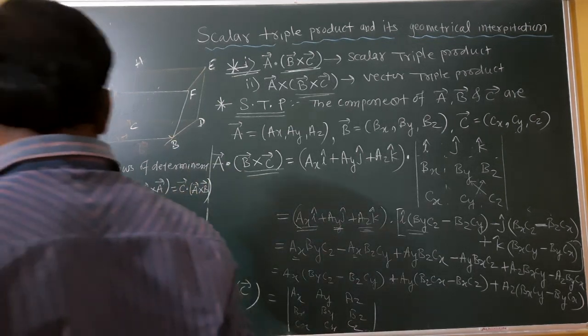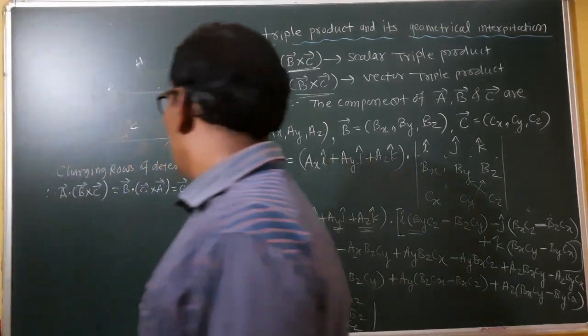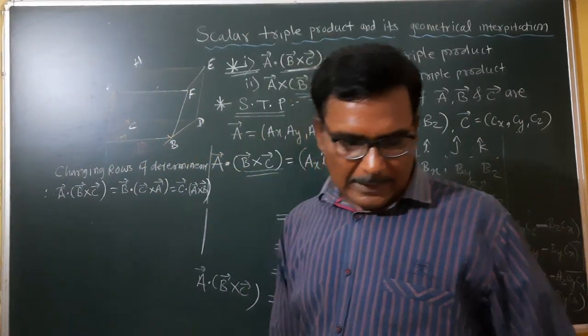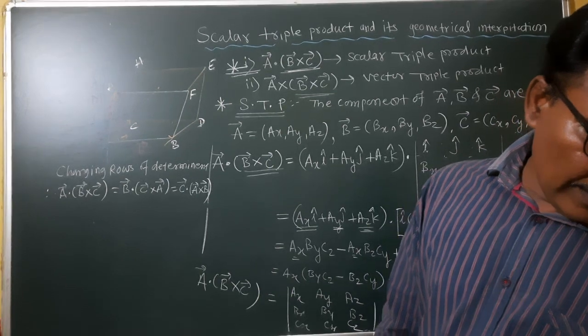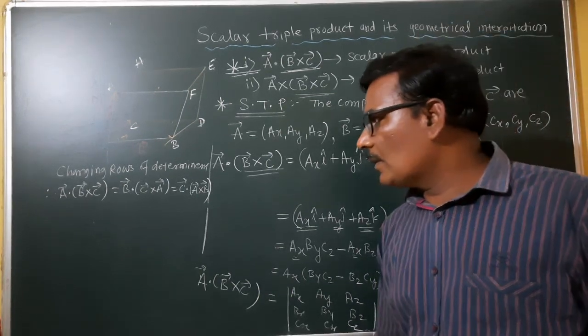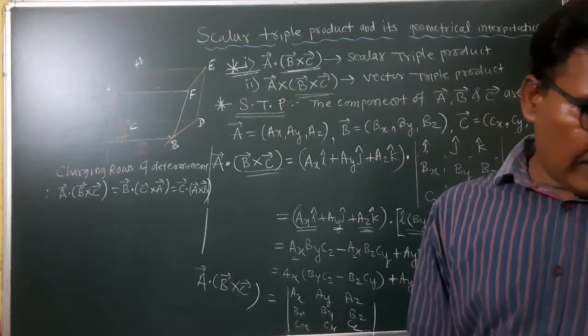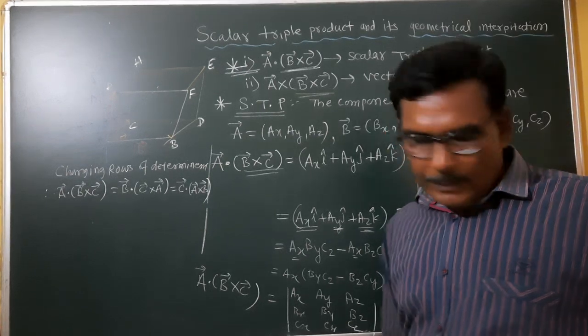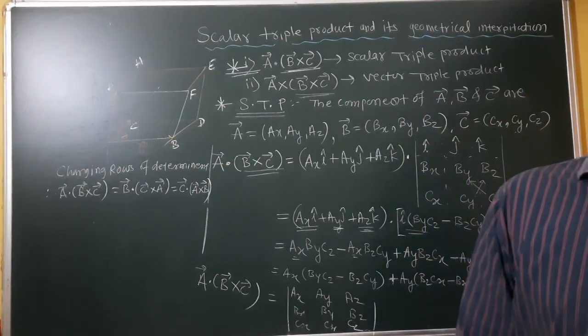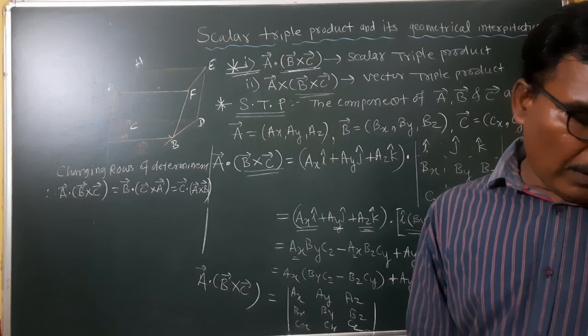So A dot B cross C equals B dot C cross A equals C dot A cross B.